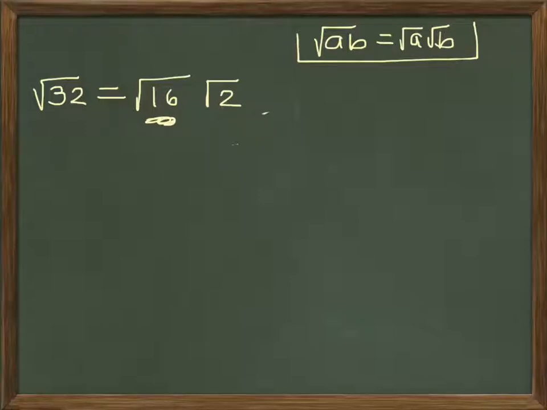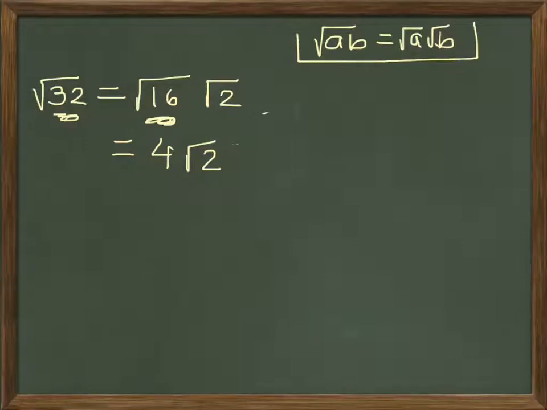So the trick here is to scan through your perfect squares: 2 squared is 4, 3 squared is 9, 4 squared is 16, 5 squared is 25, and so on, and see which one is the biggest that fits inside your number. And if that is a factor, you can break it up like this. The root of 16 then becomes a 4, and the root of 2 stays like that. Okay, so that's how you simplify this one.